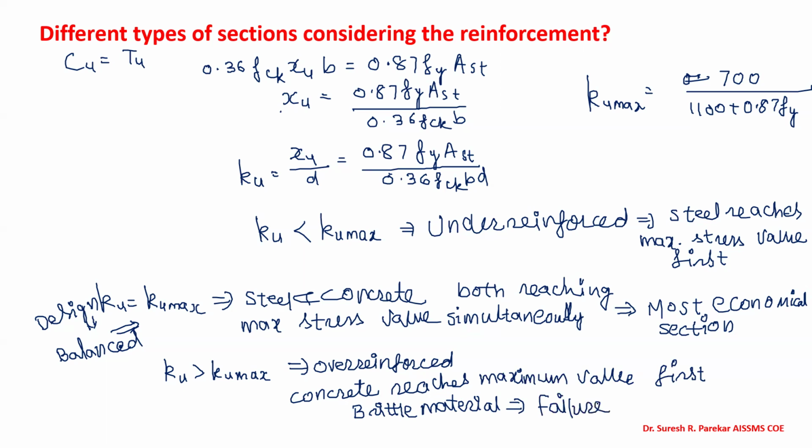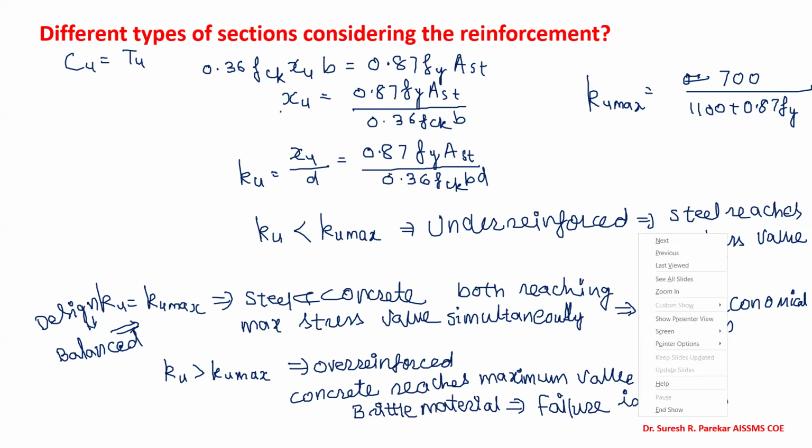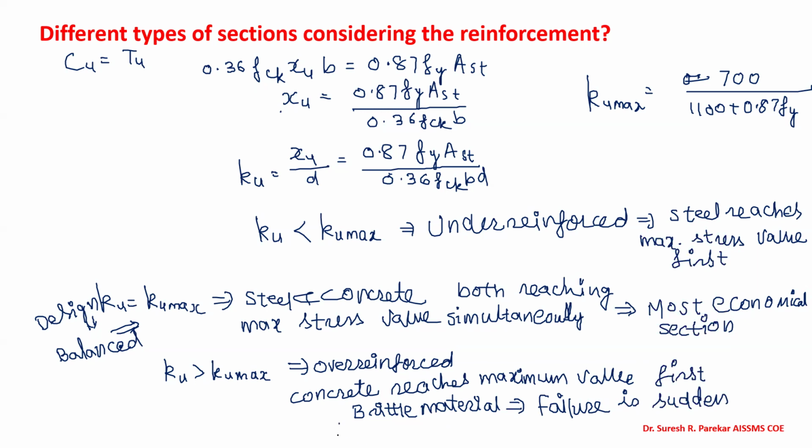Therefore IS 456 or LSM does not allow an over reinforced section, because failure is sudden.